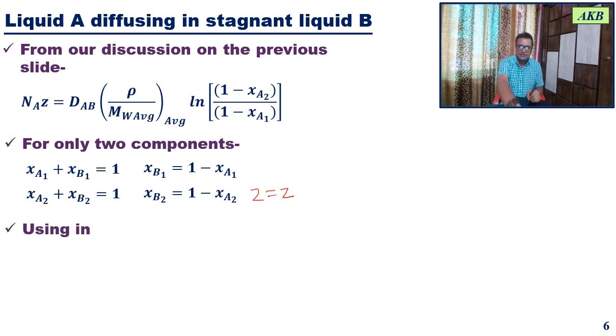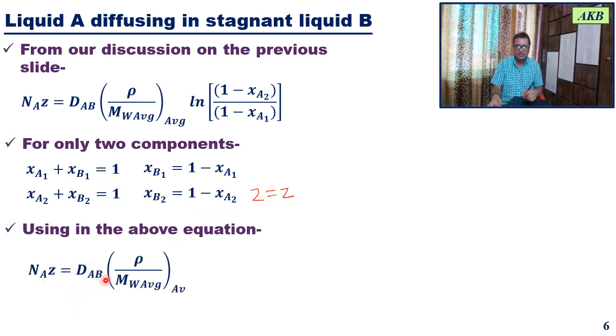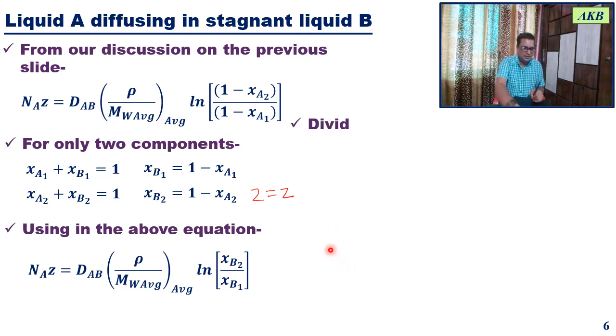Okay, so in the next step, we are going to use this replacement in the equation we have got. So it will be N_A times Z is equal to D_AB rho upon M_W average ln of x_B2 upon x_B1.